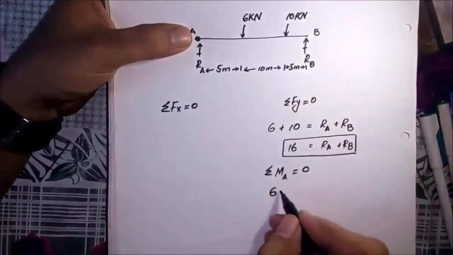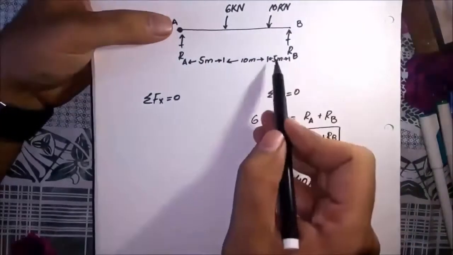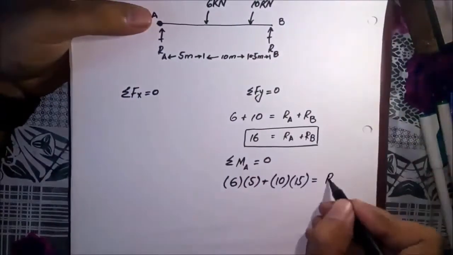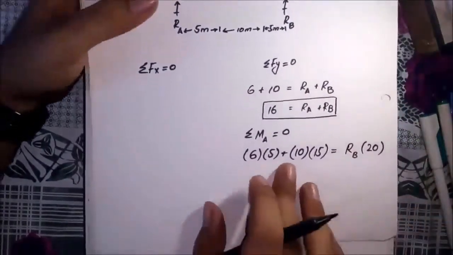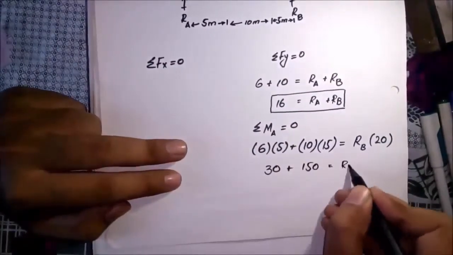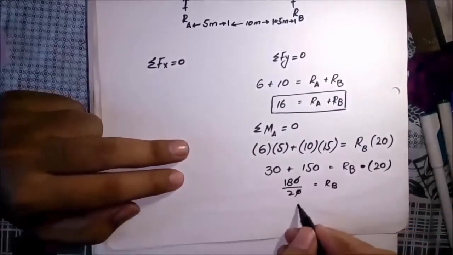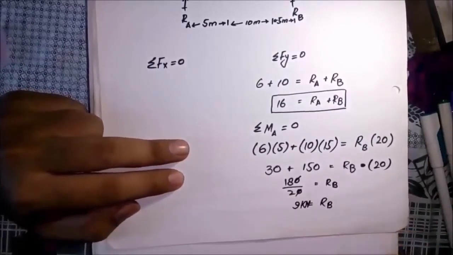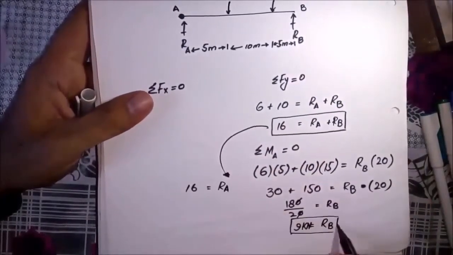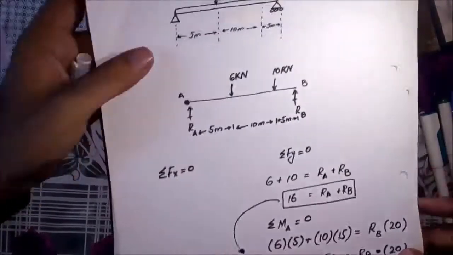We know moment is equal to force times distance from the pivot. By solving these two equations simultaneously, we will find the values of Ra and Rb.